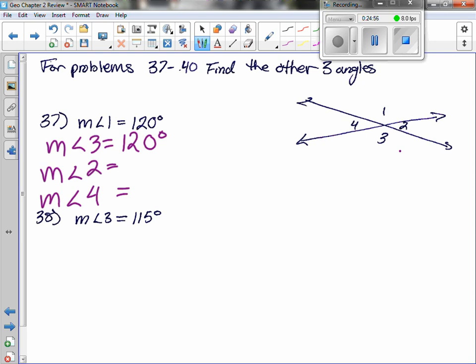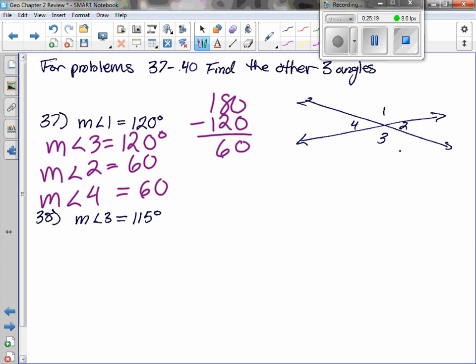They add together to be what? 180, yes? Because any two angles that make a straight line are a linear pair, they add together to be 180. And what can I do? I can subtract 120 from 180, which would give us 60, so the other two angles are 60.